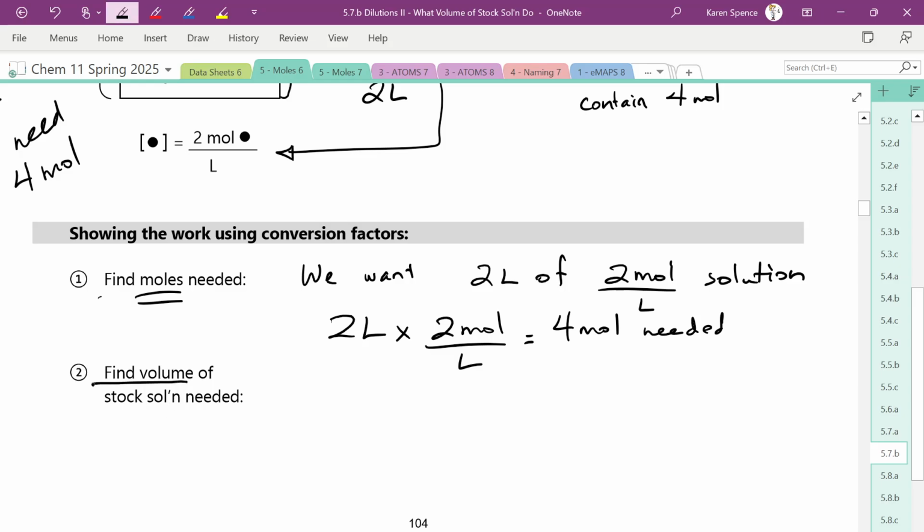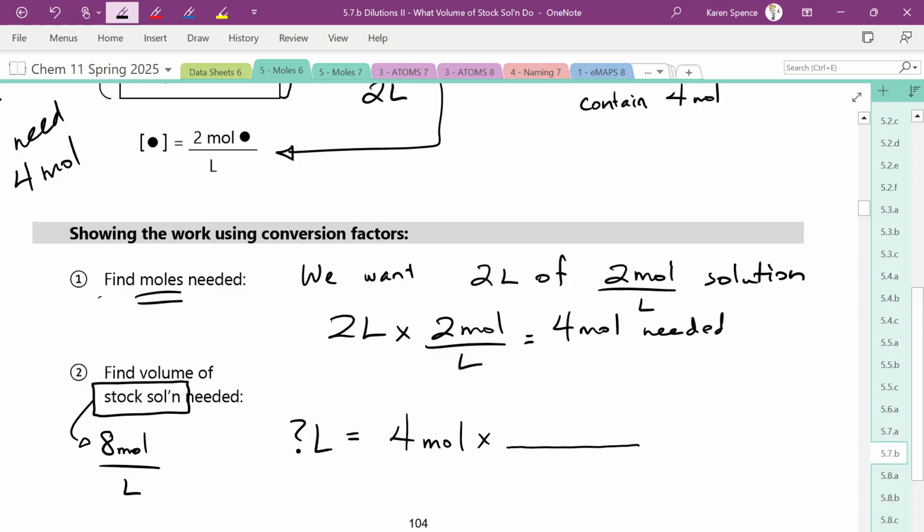Now we want the volume of the stock solution. What is the concentration of the stock solution? 8 moles per liter. What volume of the stock solution gives us 4 moles? What do we need to cancel?